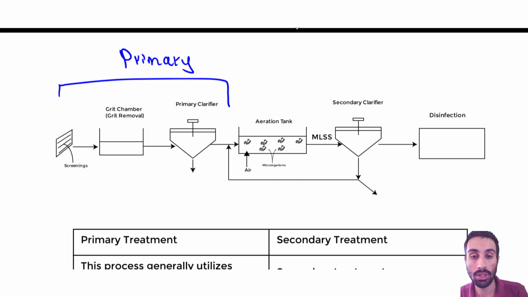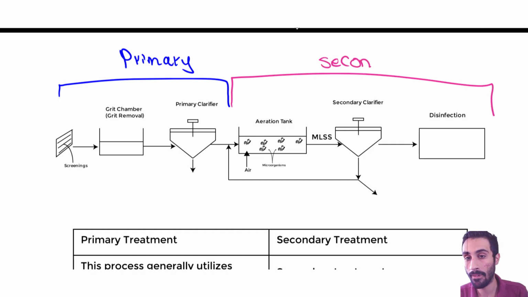And what I'm going to do is denote that right after, so let me write it like that. This is the secondary. And I want to note here that disinfection is part of the secondary, but usually what we focus on as the most important process in the secondary is the aeration and the secondary clarifier, and that's called the biological treatment or the activated sludge treatment.